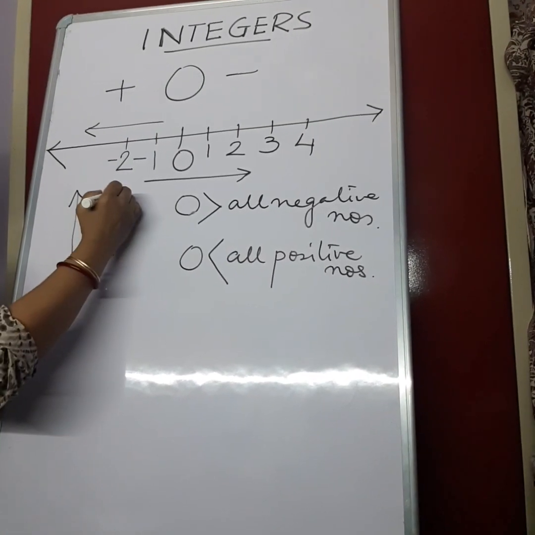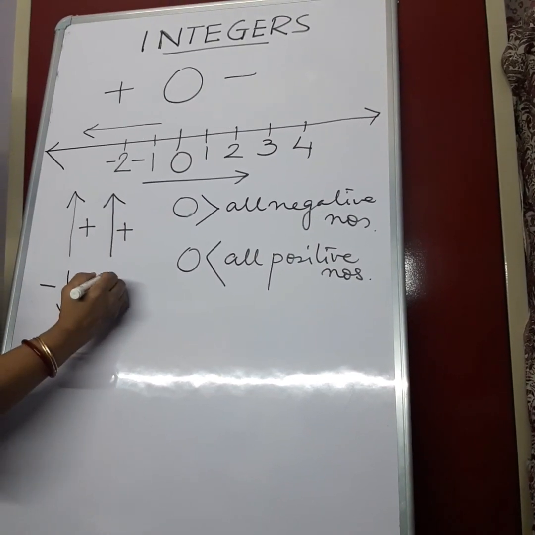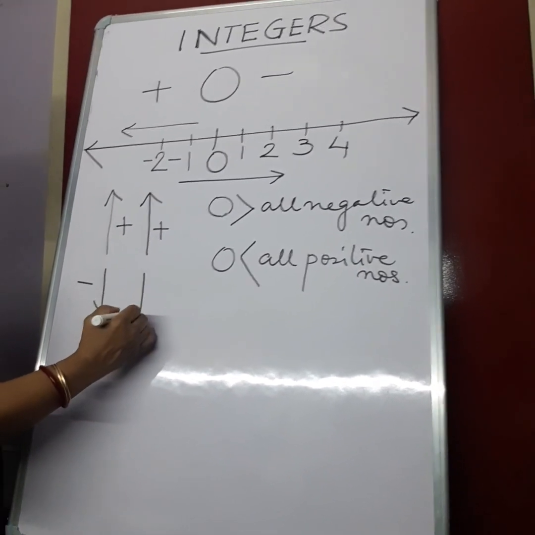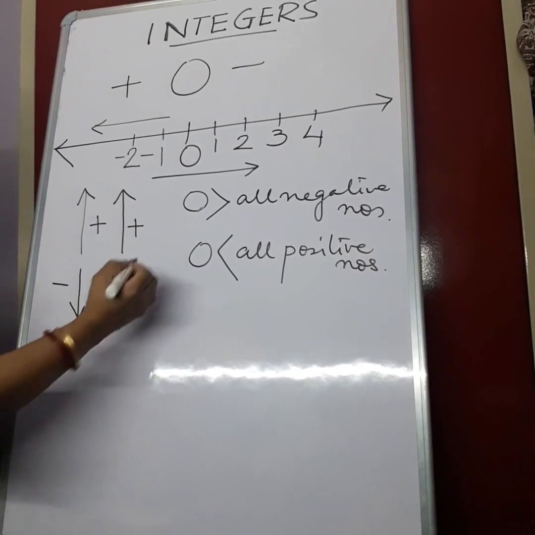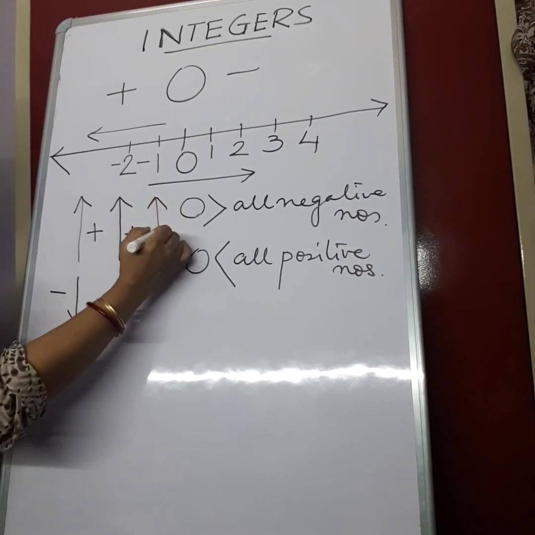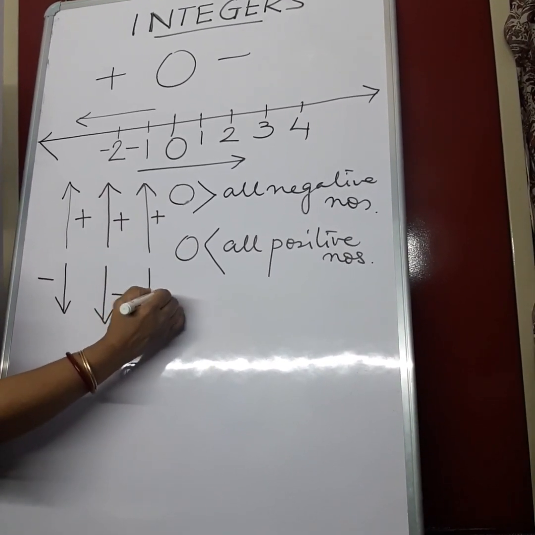Then depositing the money in the bank, it's a positive number. Withdrawing the money from the bank, it's a negative number. Going towards north, it's a positive number. Then going towards south is a negative number.